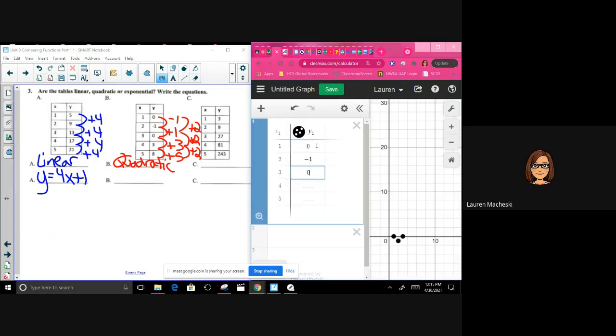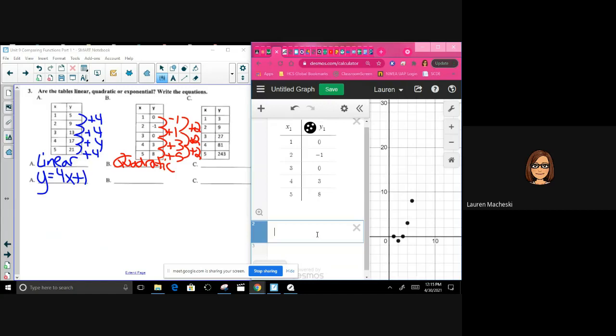Oh, and if you also looked at the y, you notice you see a number twice. Quadratic is usually going to give you a number twice. So that it plotted my points, and you can kind of see that's going to be a U shape that faces up for my parabola.